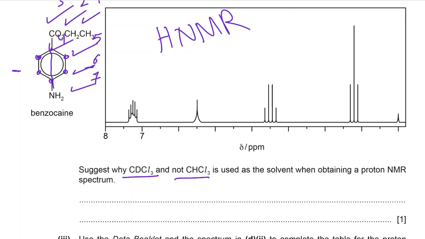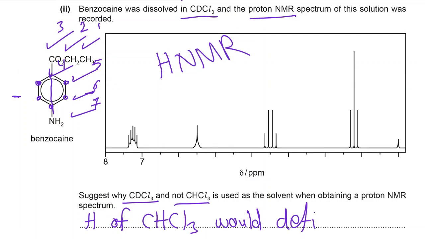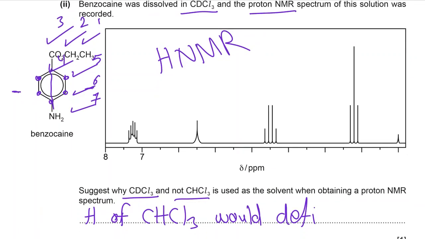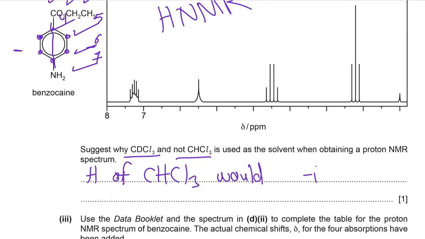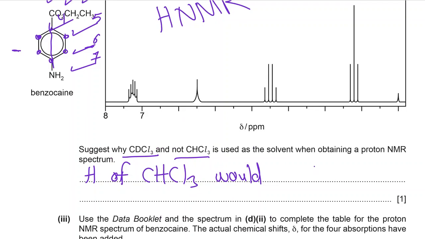Because the hydrogen of CHCl3 would be seen in the 1H NMR, proton NMR.